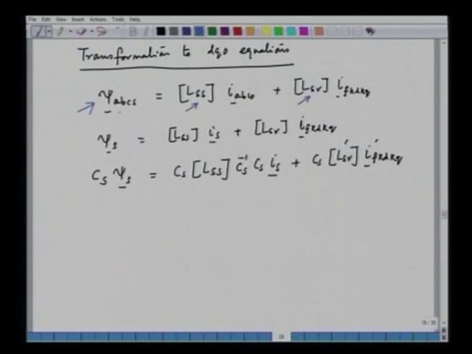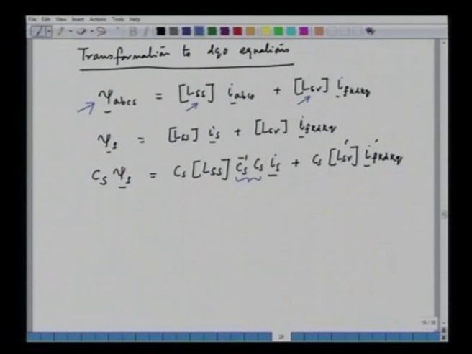So, if we pre-multiply by Cs in this case, we have got Cs into psi s. Psi s is same as psi ABCS, that is equal to Cs LSS, the inductance of the stator, Cs inverse into Cs. So, we are actually having the Cs inverse into Cs, because this will be the same I matrix. There is no change of the value of the equation here, into Is. Is is the stator currents, which are IAS, IBS, ICS.